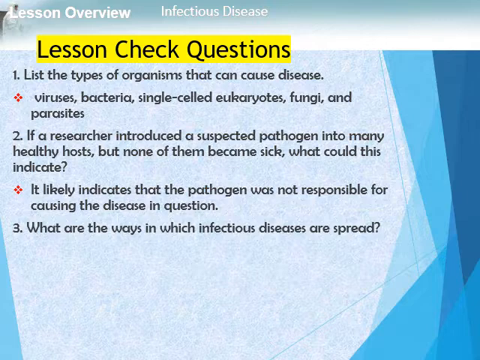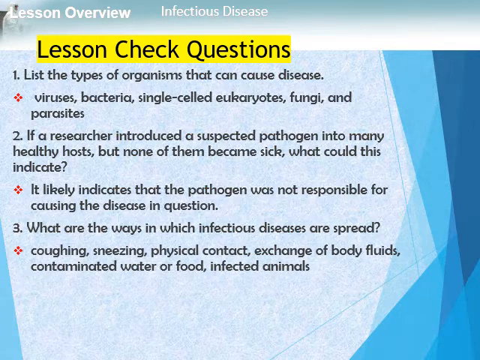Question number 3. What are the ways in which infectious diseases are spread? I hope all of you answered this one. Coughing, sneezing, physical contact, exchange of body fluids, contaminated water or food, and infected animals are some of the ways by which infectious diseases are spread.